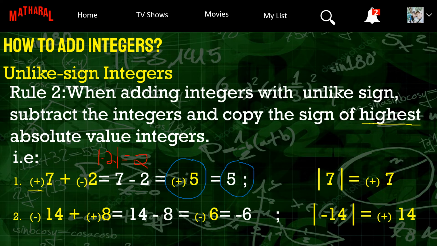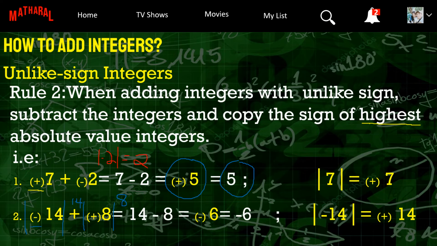So, balik po tayo rito. The absolute value of positive 8 is 8. There is no question there. The absolute value of negative 14 is 14. Okay? So, as you can see on the other side. Now, since this is the highest absolute value of integer, tingnan ninyo po yung sign niya, yung original sign.